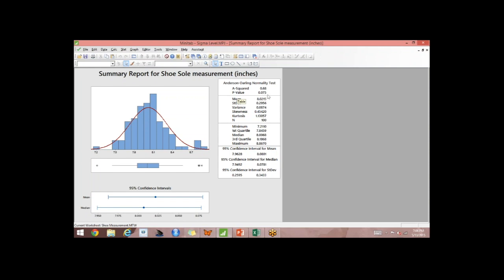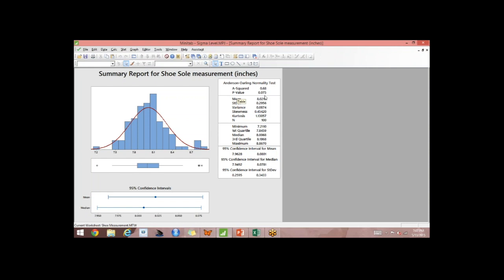Now, how are we getting 0.05? Why are we taking p-value as 0.05? Things will become clear in analyze phase. For now, just think about this as a thumb rule. If the p-value for the AD normality test is greater than 0.05, that means data are normal. So in this case, data are normal.